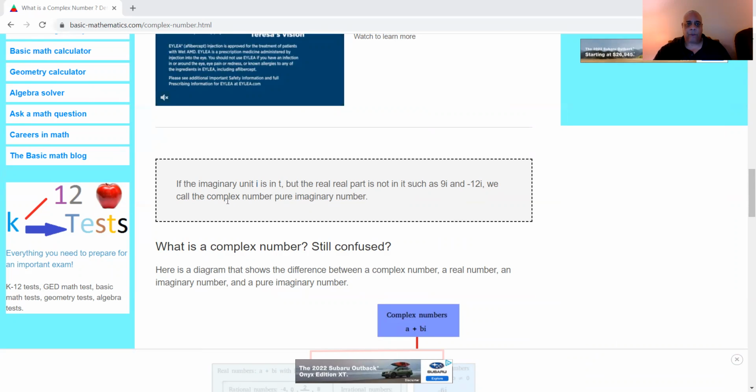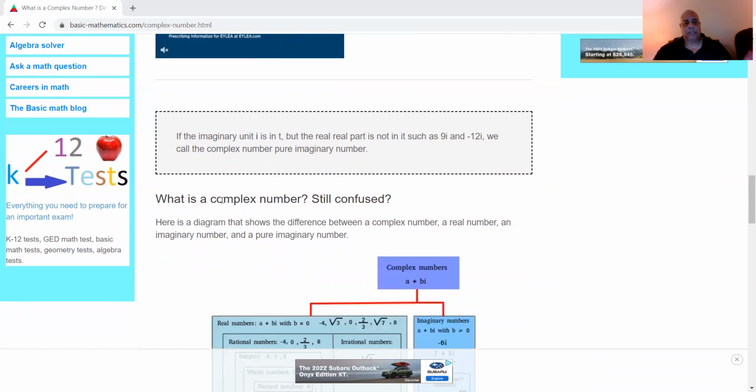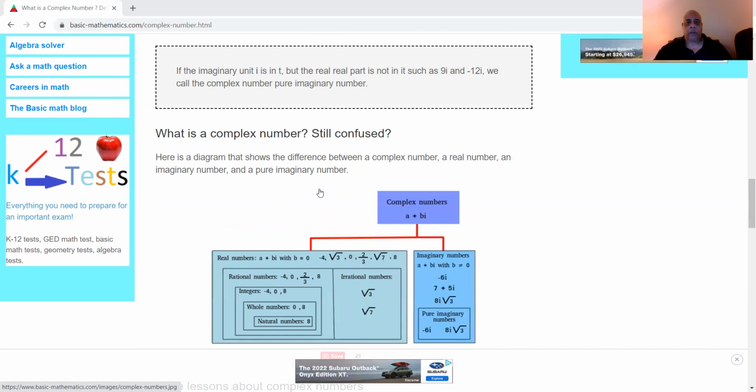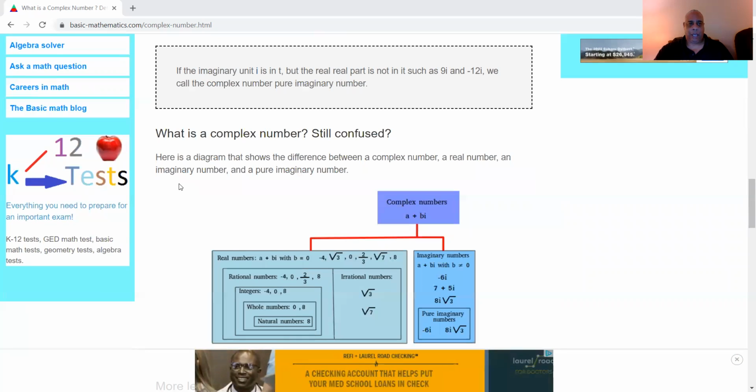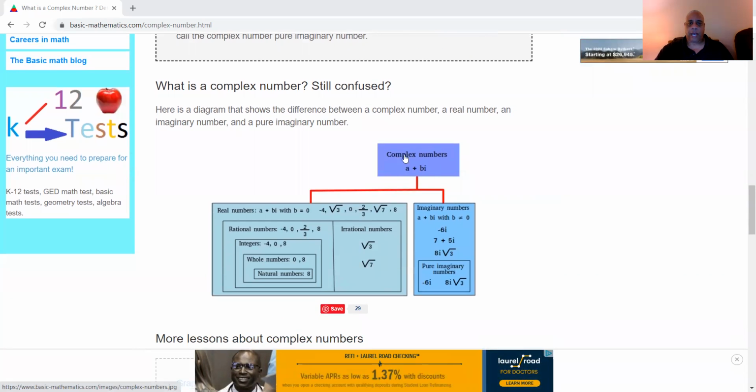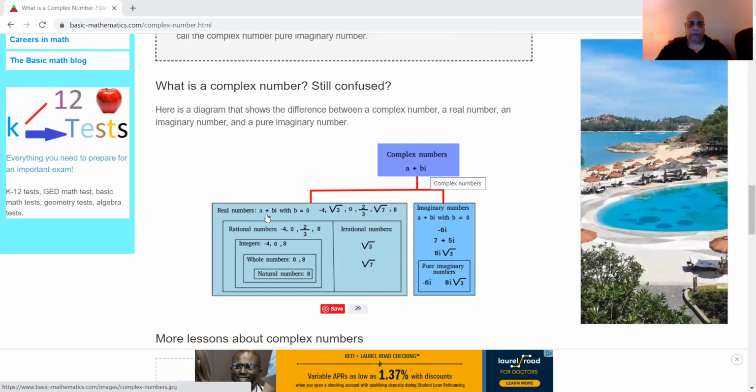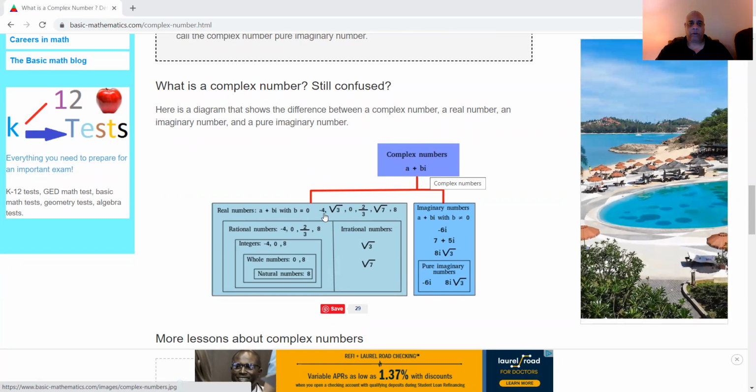You guys still confused? Well, here's a diagram that I'm going to show you the difference between a complex number and a real number, an imaginary number and a pure imaginary number. If you look at the diagram, your complex numbers are written A plus BI. Real numbers are A plus BI with B equals 0.